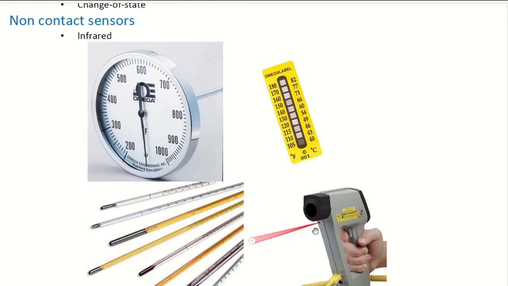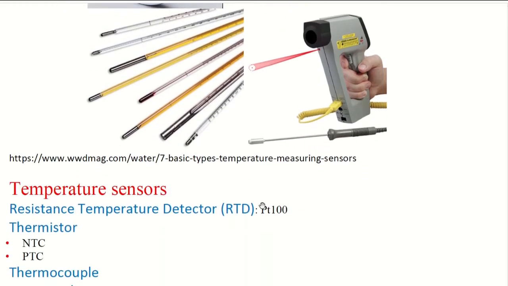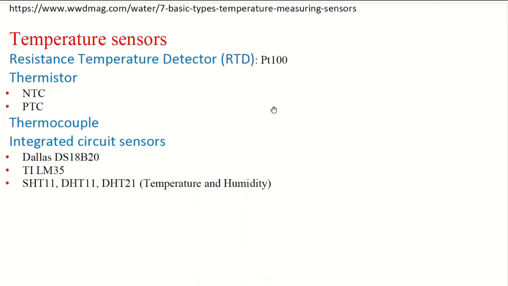We have here infrared sensors, but all of these are used for humans and not for machines. So we need some temperature sensors whose output can be acquired.